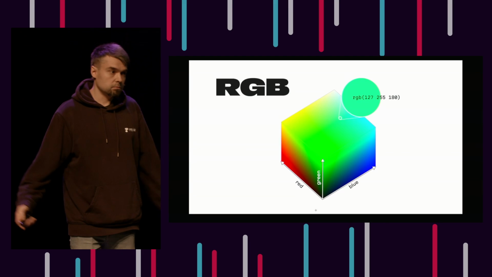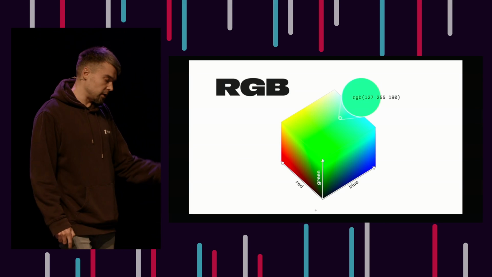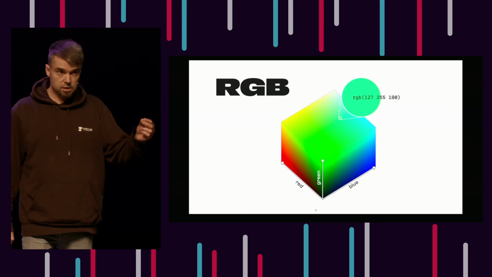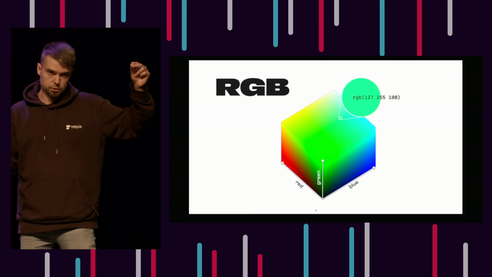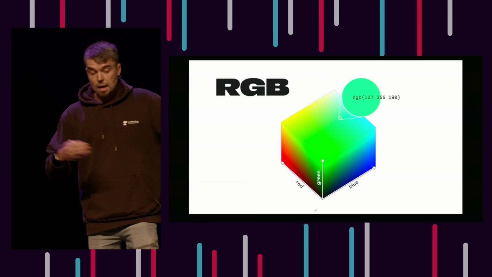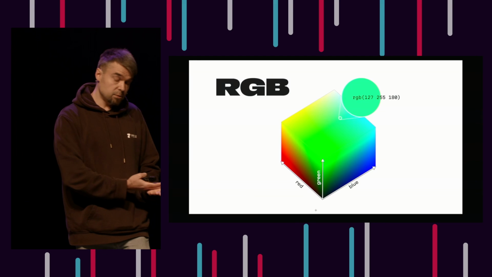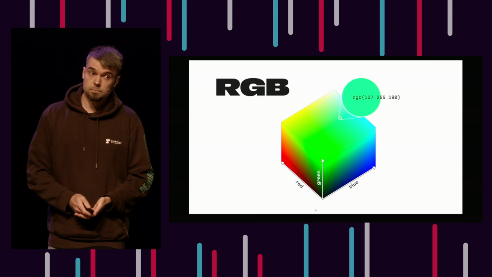The most popular, widespread color model is RGB. It defines a color with 3 coordinates: red, green, and blue. By mixing red, green, and blue values in different proportions, it produces the whole range of colors.